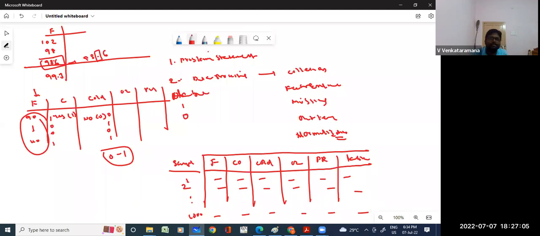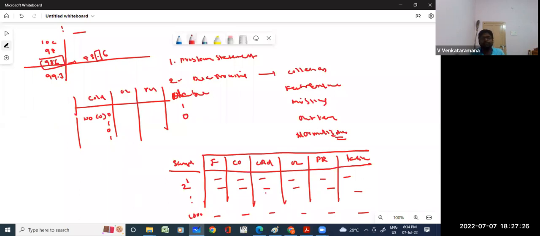Once your data is readily available, based on the identification of your problem, your observations, and your analysis of the problem statement, you have to think about which type of machine learning model is required, which type of problem it is.